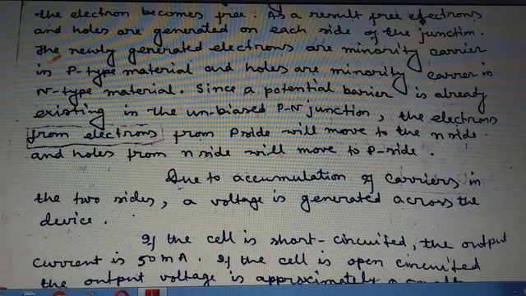Now, there are different types of solar cells, and solar cells are specified with their wattage and voltage rating also.